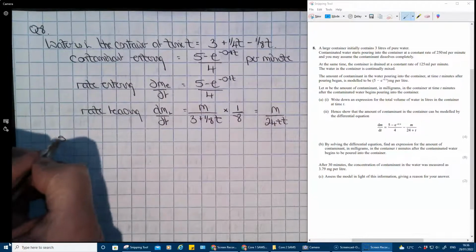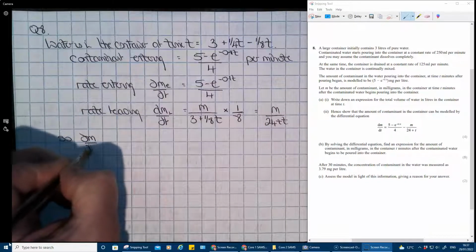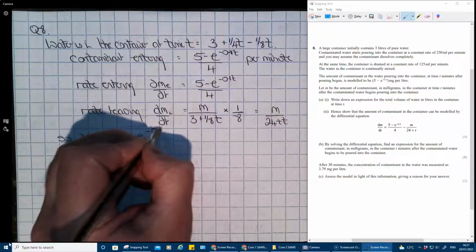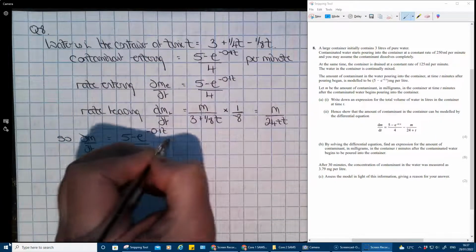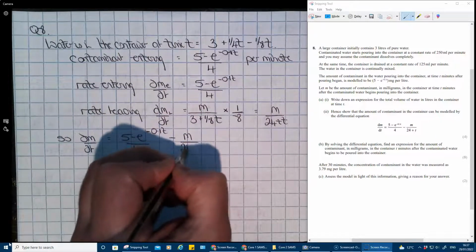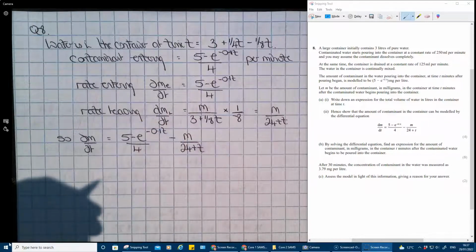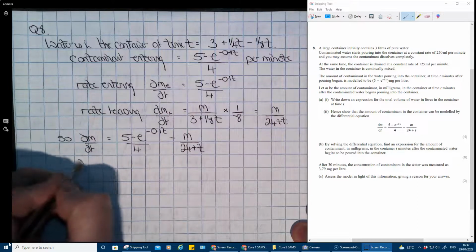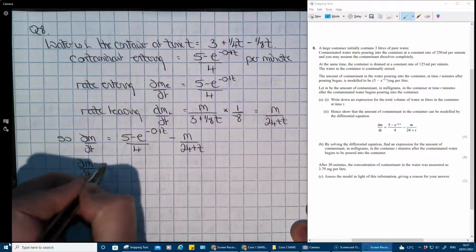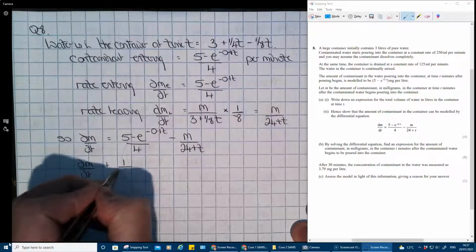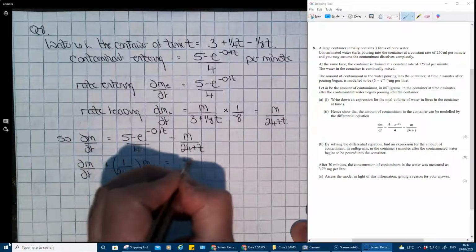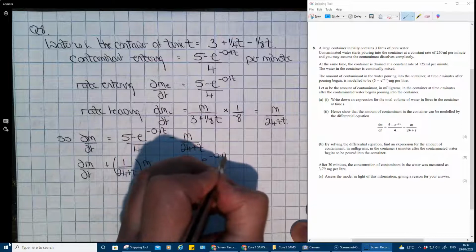So dm by dt equals the rate in minus the rate out. If I move the m across to get into the standard format, plus 1 over 24 plus t times m equals 5 minus e to the minus 0.1t, over 4.